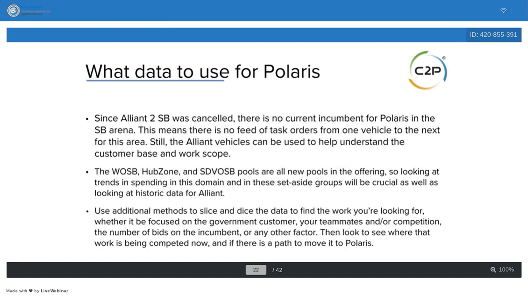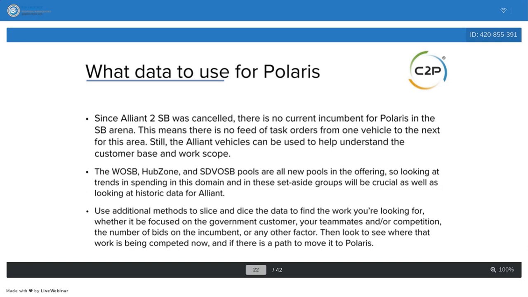All right. So for our analysis here, I just wanted to give a few details on what data to use for Polaris. Alliant 2 small business was canceled, so there's no direct incumbent for Polaris. This makes it a little trickier to do an apples-to-apples comparison of what differences there are between the Polaris incumbent and VETS 2 as far as what work is going to them.